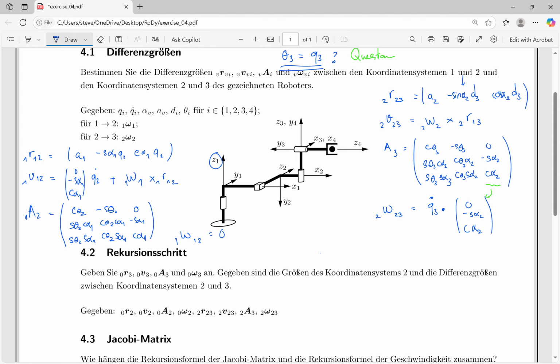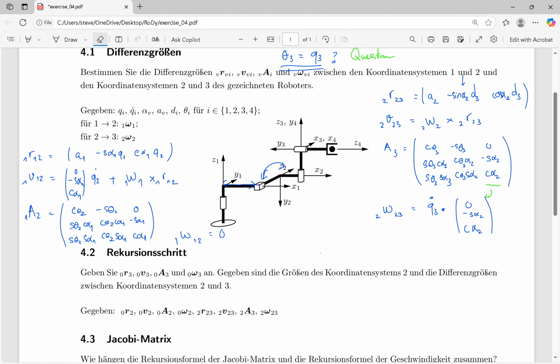This is axis z1, this is axis z2, and the distance between those is A1, which we know immediately. And no matter what the rotation of this thing is, it's still A1. So this distance is A1, period.